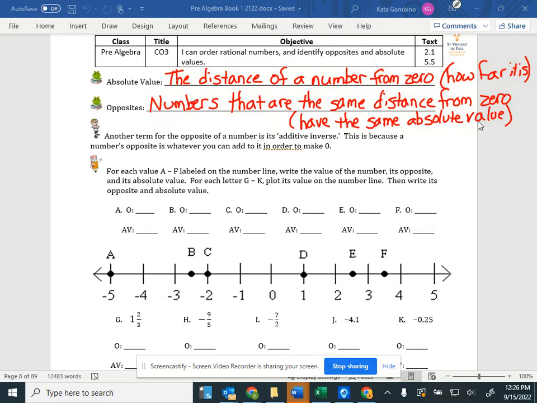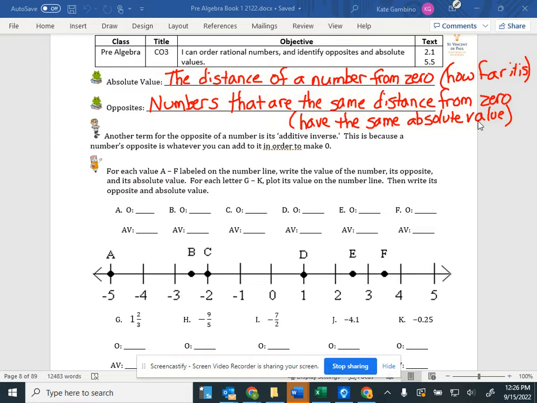So if I have -5, its additive inverse is its opposite number. -5 plus 5 gets me to the 0. So additive inverse means you're just adding its opposite so you can get to that 0. This is because a number's opposite is whatever you can add to it in order to make 0.